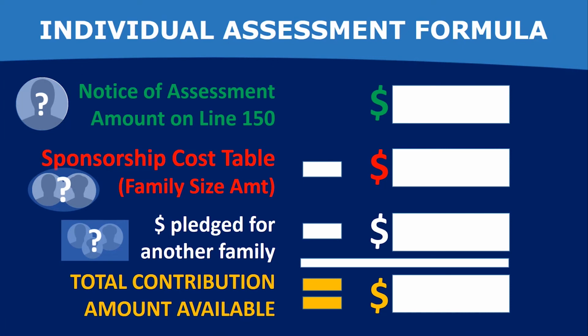So they're going to take a look at the sponsorship cost table, and subtract that amount from the line 150 from the notice of assessment. And then they're going to minus any amounts that this individual has pledged for another family. The amount that's remaining is how much they can actually contribute after all those things have been subtracted from their income.